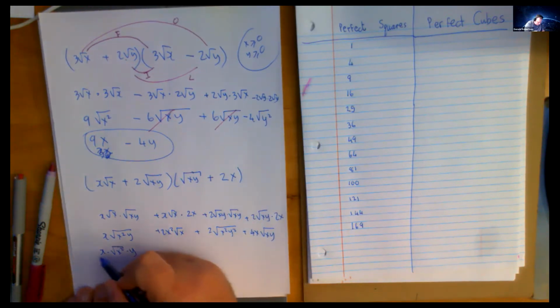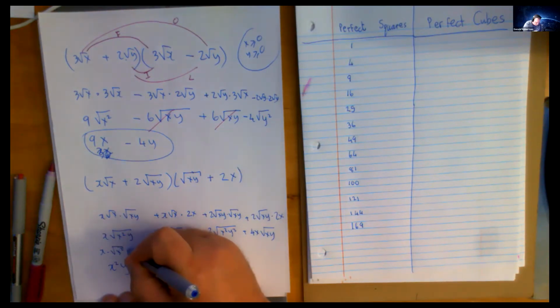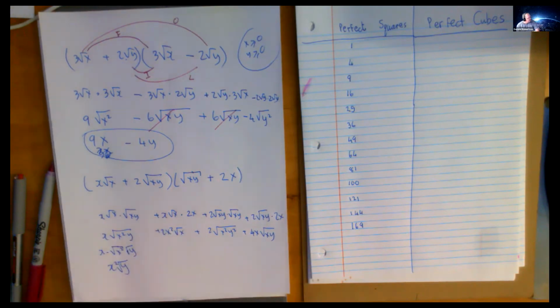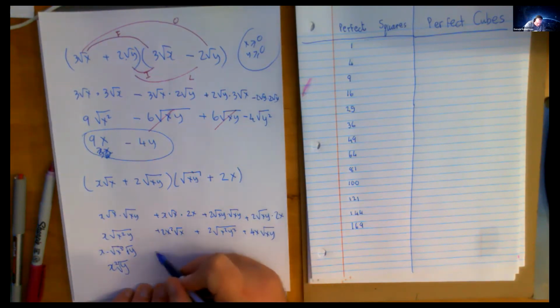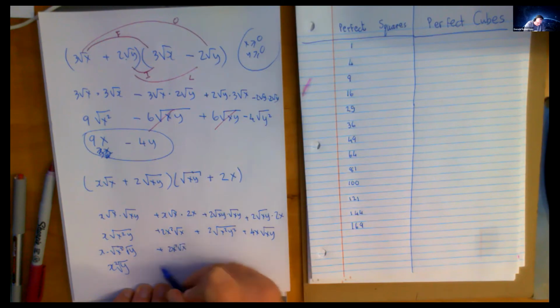And if that x gets multiplied by this one, are you happy the square roots just disappear and you get x squared square root of y now? Can I do anything to this mess? So I guess if you can't do anything, you don't do anything.